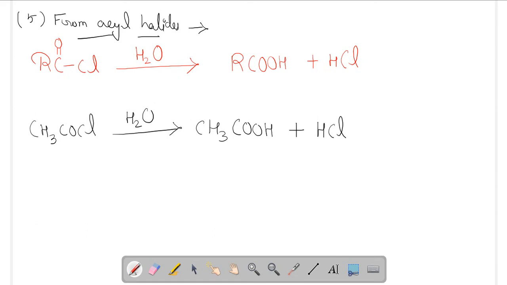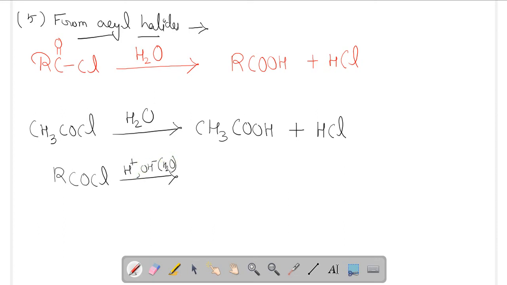So what is the mechanism here? The real mechanism here can be seen when RCOCl is reacting with the H plus and OH minus produced by H2O.